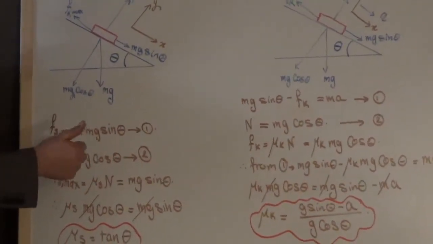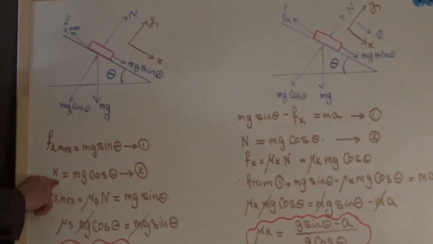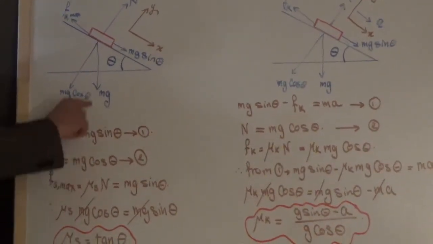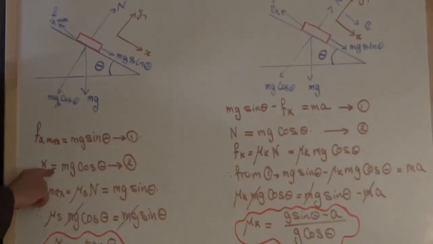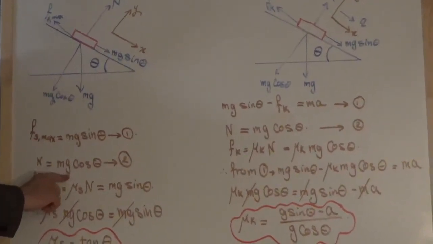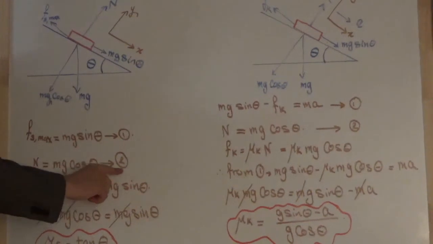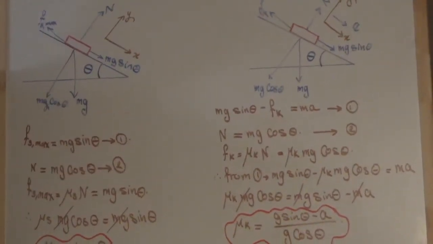So this is equation number one. And here we have the equation that describes the forces along the y-axis. So we have the normal force is equal to mg cosine theta. So this is equation number two.